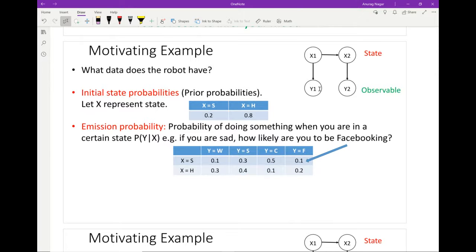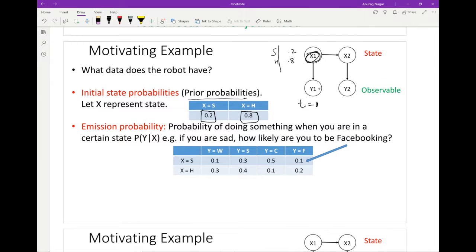It has the prior probability. Prior means at time t equal to 1. It's like when you start the game, there is an 80% chance that the person is in a happy state, 20% chance he is in a sad state. So when you start the game, the priors are sad 20%, happy 80%.